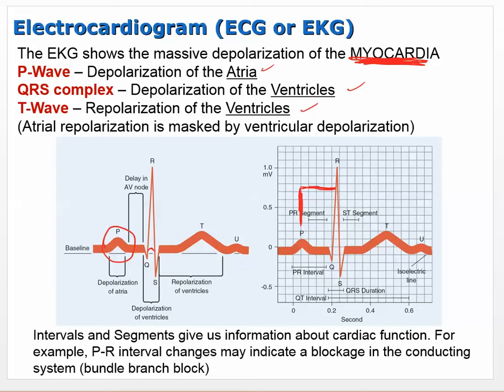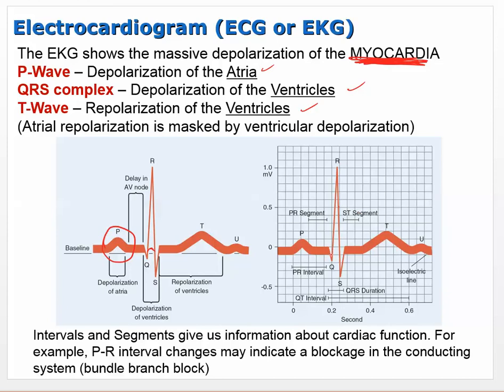What if the ventricles don't depolarize until clear over here? That's going to be an indication that there's some kind of interruption in the pathway trying to get the signal to the ventricles. That's good information and important to know.